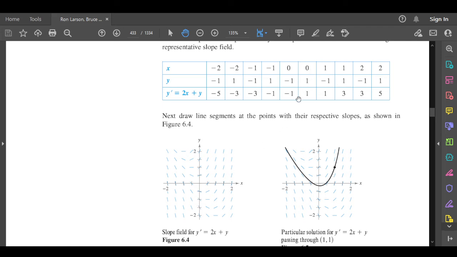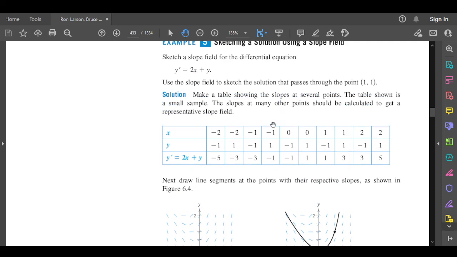So, then at 0, 1, positive na ang slope. Saka na siya na mataas na ang iyang slope. At 1, -1, positive gihapon, and so on.